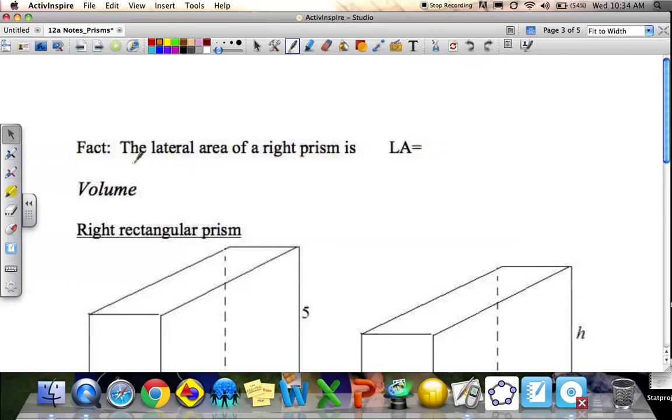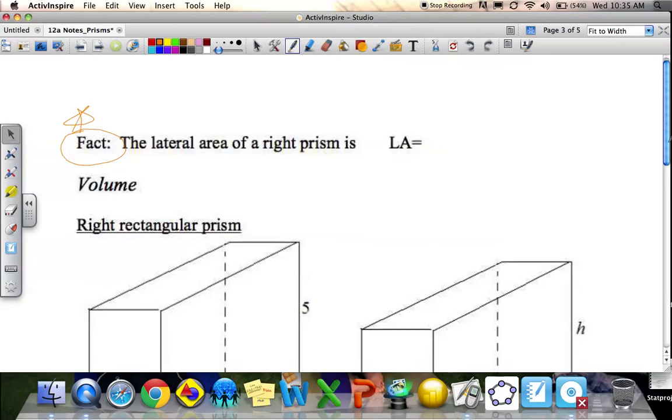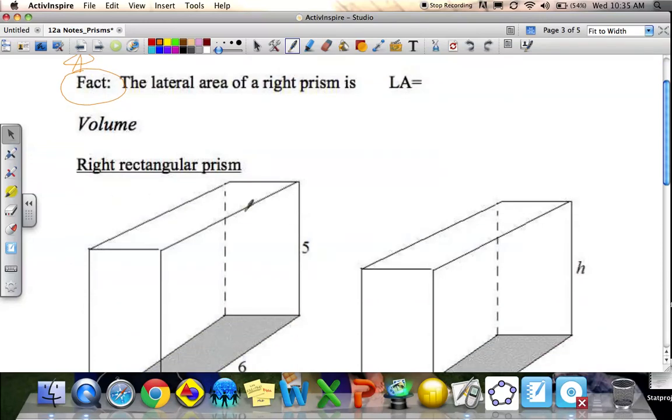The first fact is that the lateral area of a right prism is defined as, actually, we'll do this in class tomorrow because this comes directly from the activity before. Let's go to the volume, and the volume of a right prism is the area of the base times the height.